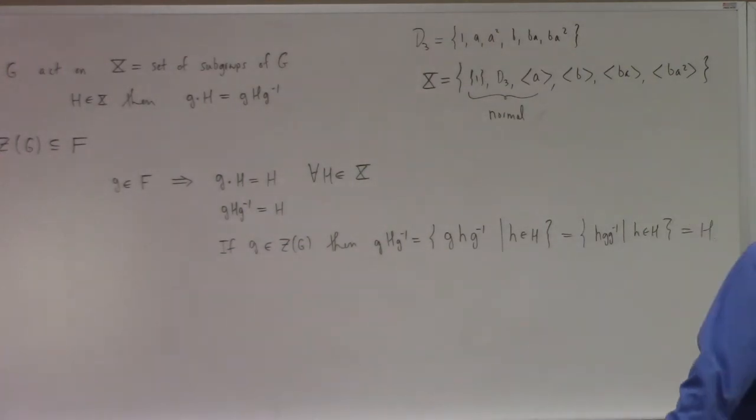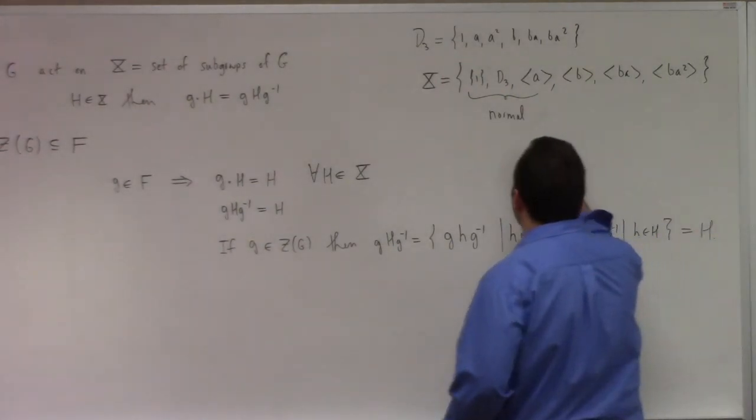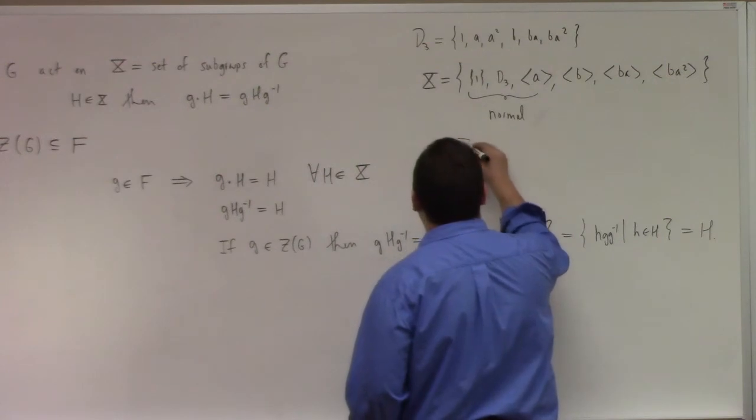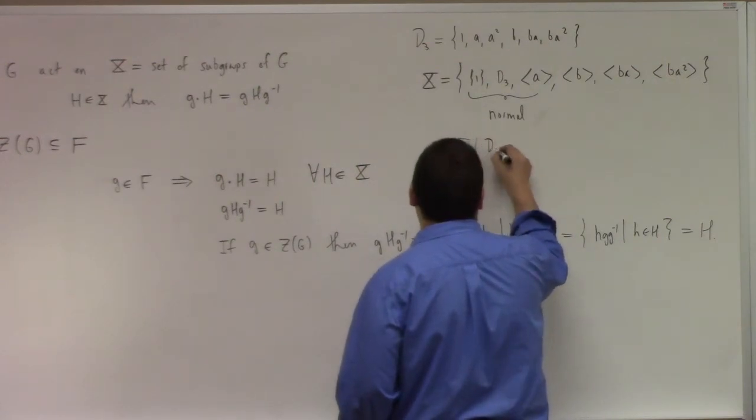Let's see here. All right, I got to wrap my mind around this fixer idea here. What's the center of D3? I mean, we're trying to compare against that, so we better figure out what that is, right?